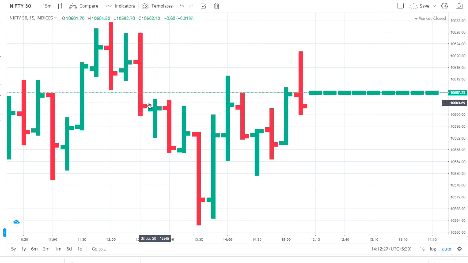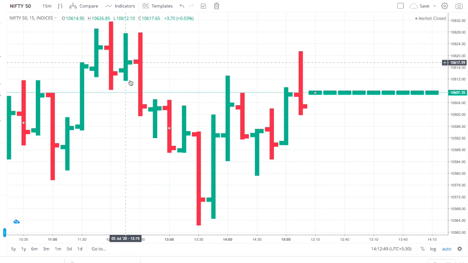And the right horizontal line will be the closing price. If the right horizontal price is greater than the left horizontal price, which means the close is greater than the open, then we will have a green candle. And if the close is lesser than the open, then we will have a red candle, as in this case.